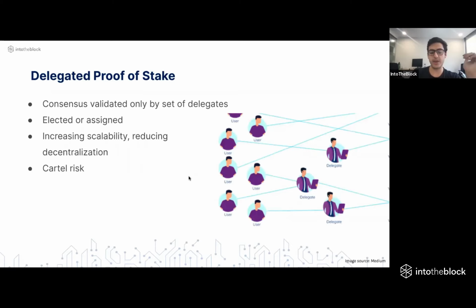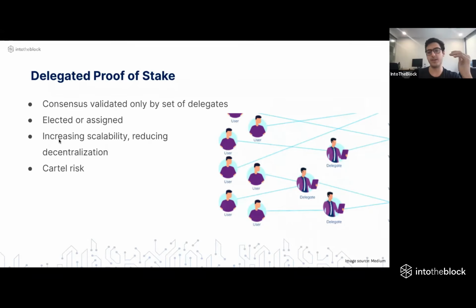One of the main variants of this proof of stake consensus algorithm is delegated proof of stake. One of the first applications of it was EOS, and essentially the difference between proof of stake and delegated proof of stake is that it relies on delegates, as the name implies, and these can be either elected or assigned. If they're elected, it's somewhat similar to representative democracy, you might think. If they're assigned, less so, and it can be more autocratic.